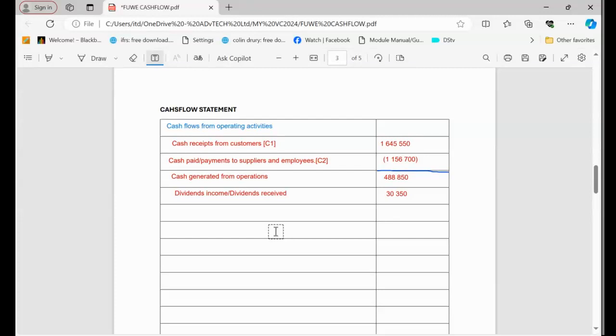So we can check the next one. Normally after this, we can go and look for dividends expenses or dividends paid. Let me say dividends paid. And we know for sure that they are going to be an outflow.